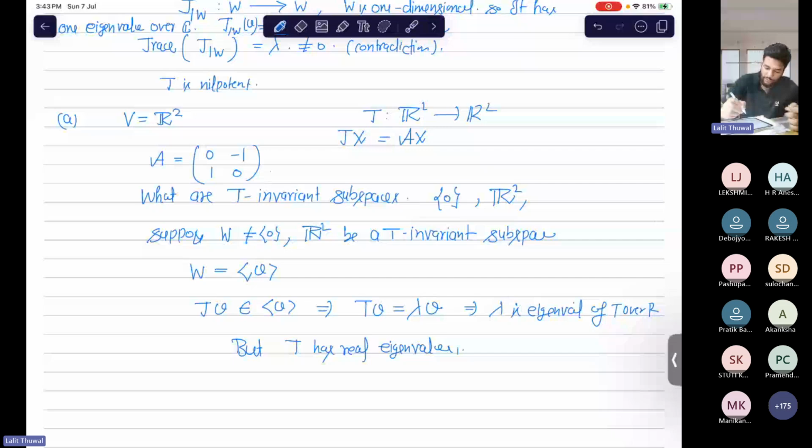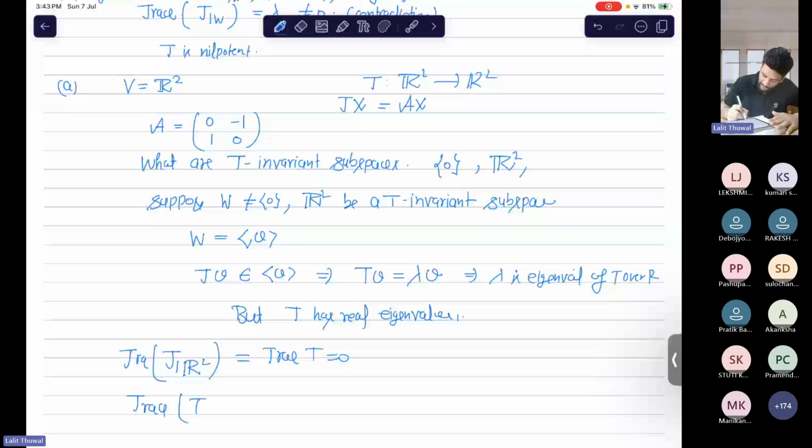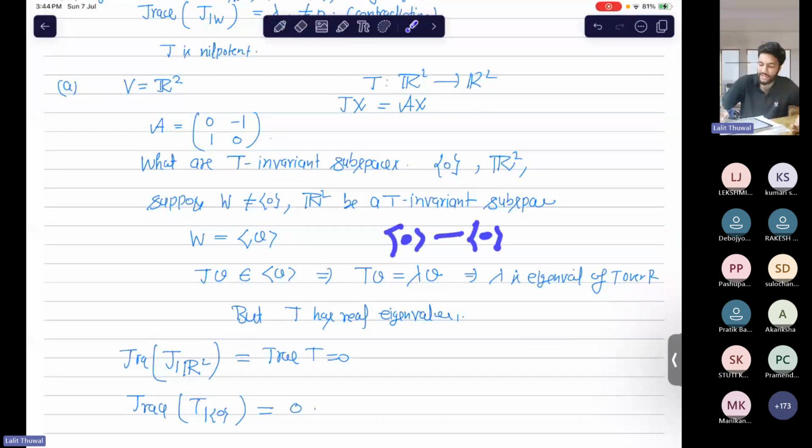Okay, so T restricted to R square, the trace is the trace of T, that is 0. When you restrict T to the 0 subspace, then the trace of T is again going to be 0, because it is the 0 transformation, sending 0 to 0.